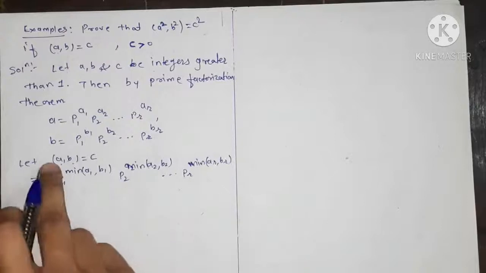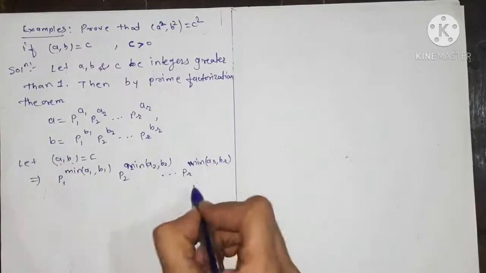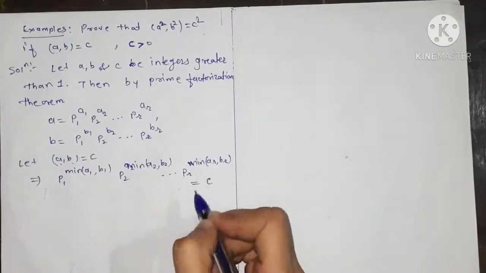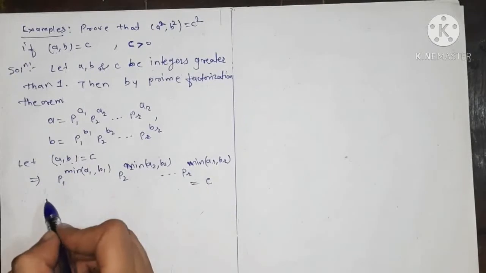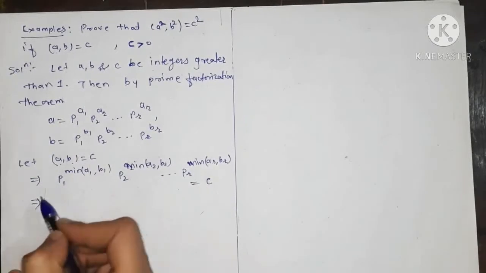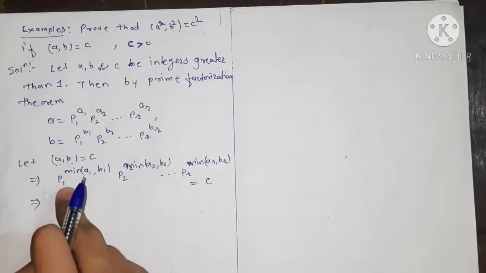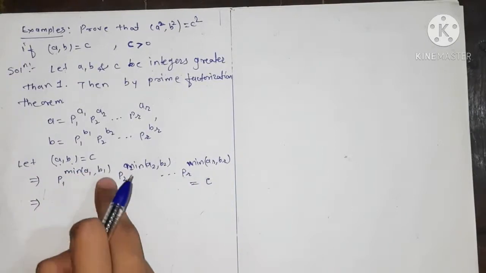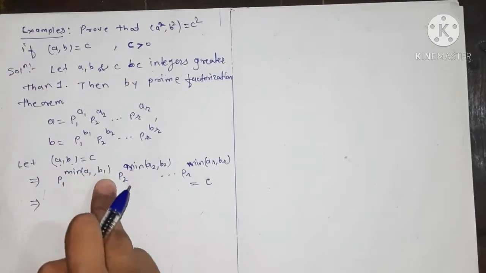So we write the GCD of a comma b in this form. This is equal to c, right?